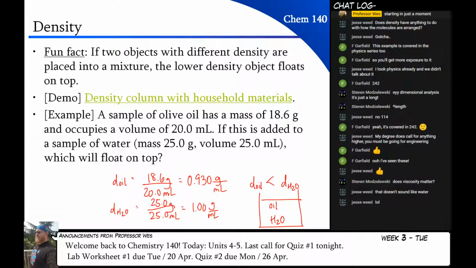If I had a very small amount of oil, it would still float to the top. So regardless of which component there is more of, the density will remain the same because as I add more volume, I'm also adding more mass, and the ratio remains constant. So wherever these layers end up being, they will always sort in this fashion. So there you go. That's the basics behind density.